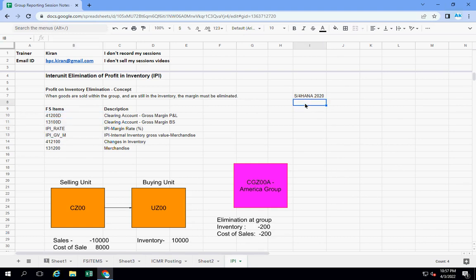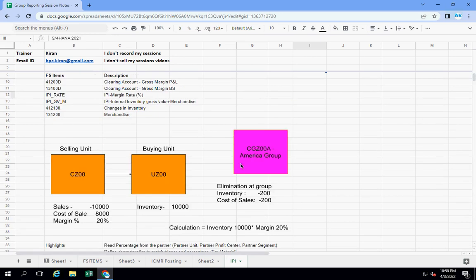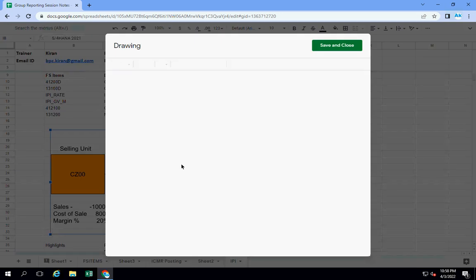But in S/4HANA 2021, whatever server we are using now, they already added all the configuration as part of 1SG. So we installed 1SG. With the 1SG content, you can just give some transaction and test data and execute this inter-unit elimination of profit in inventory. So let's understand how this concept works in group reporting.